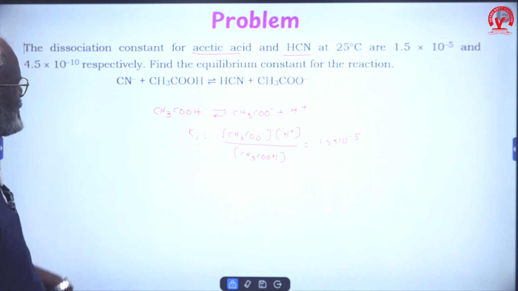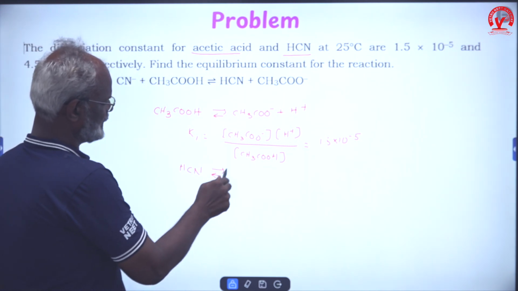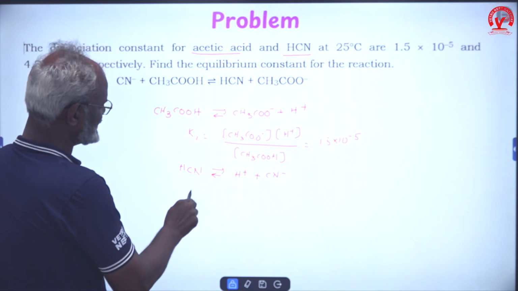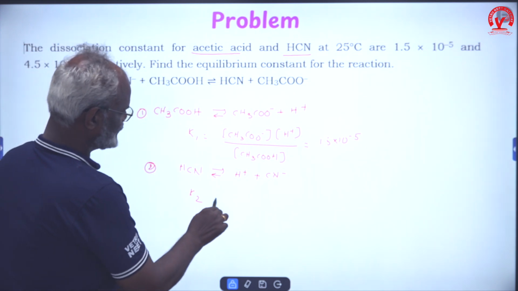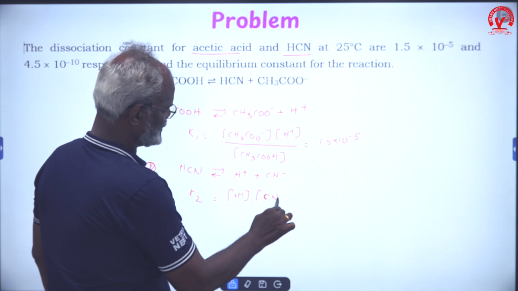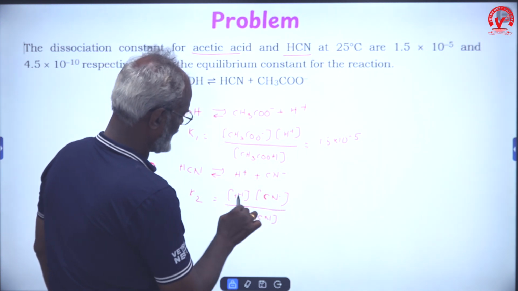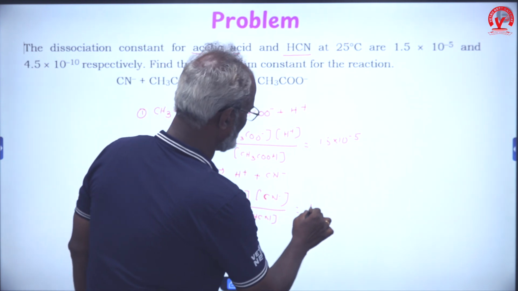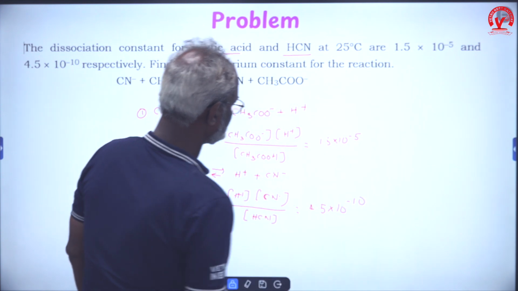And for HCN similarly, which is another weak acid, HCN reversibly gives H plus and CN minus. Let's say it's K2, which is [H plus][CN minus] divided by [HCN], and the value is 4.5 into 10 power minus 10.